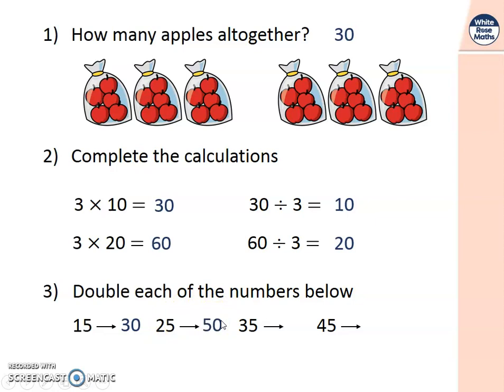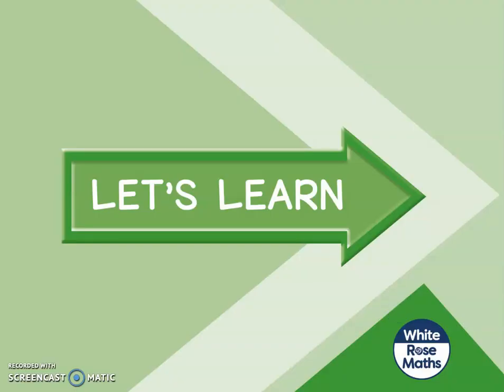Together is 50. Double 30, 60. Double 5, 10. Together makes 70. Double 40, 80. Double 5, 10. Put them together. Yes, we have 90. Our skills are warmed up now.